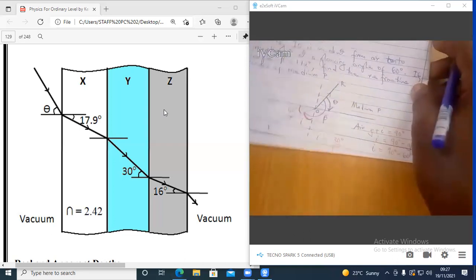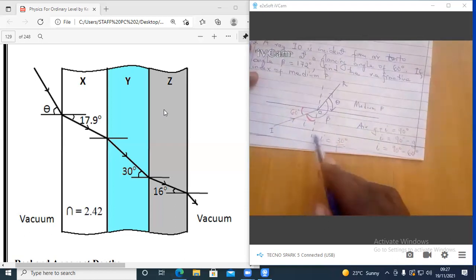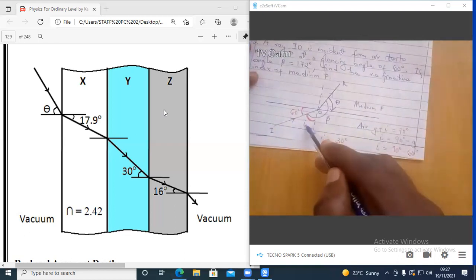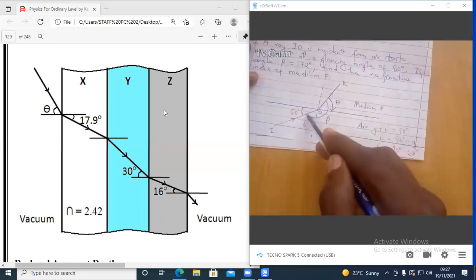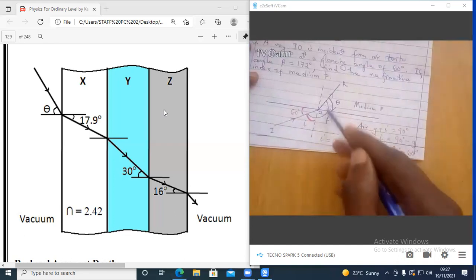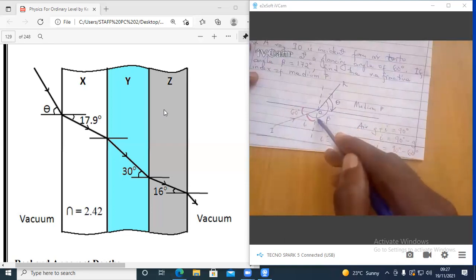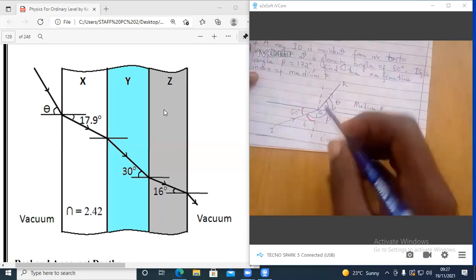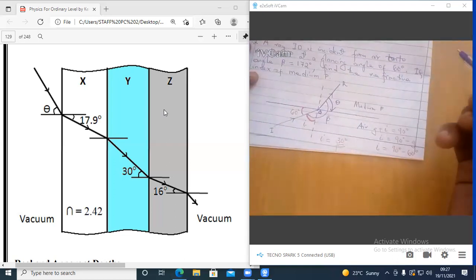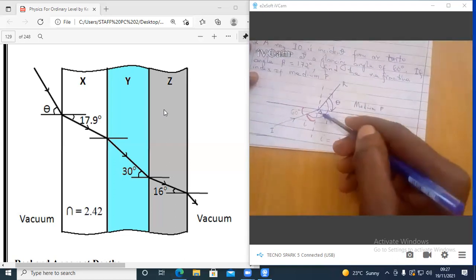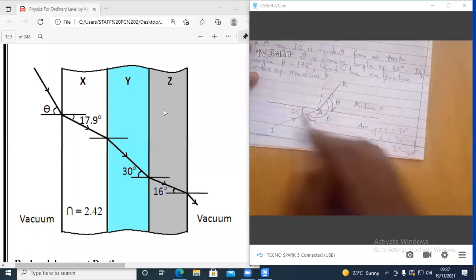So now if that angle is theta, all of this angle from here up to here is 172. But this angle from here up to here is 90. So I plus 90 plus theta must give us 172?